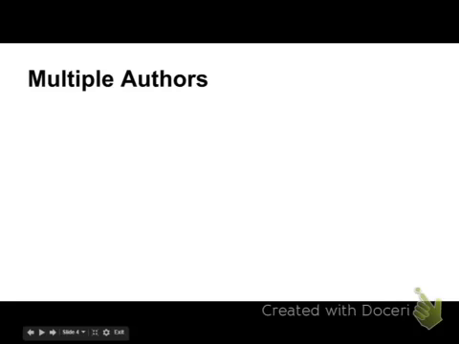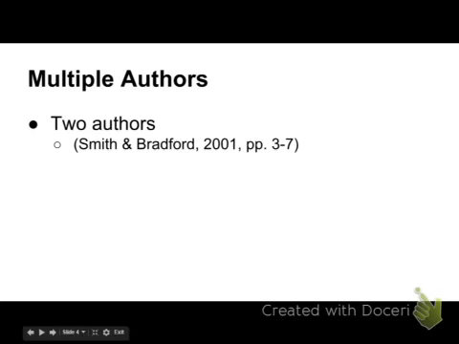There are rules for multiple authors. This is located on the second page of your internal citation packet, but I'll highlight a few of these for you. These are going to be really important, especially next semester, but you'll probably run into a few of these this semester as well. If you have two authors, then it's formatted like this: Smith, ampersand, Bradford, and then date.